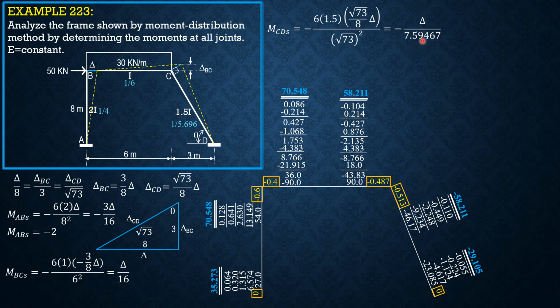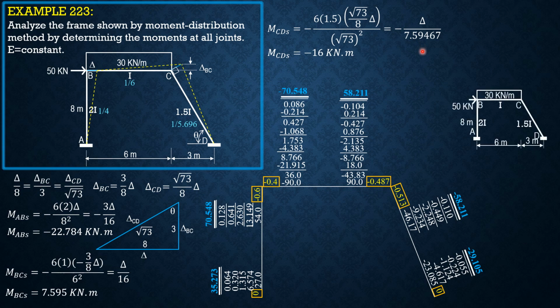Let's just round this off to 4 significant figures, 7.595. So negative 3 times 7.595 is negative 22.784 kilonewton meter. The side sway moment for BC is delta over 16 times 16 times 7.59467. So it is 7.595 kilonewton meter positive.